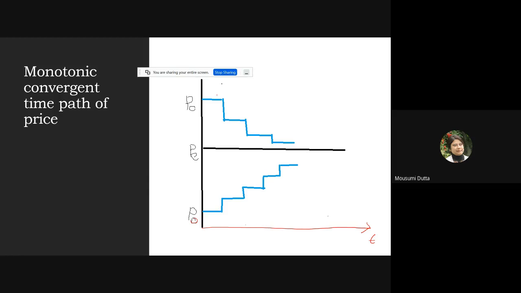And this can also be your starting point, so it will be like this. Along the vertical axis, we are measuring Pt. Along this direction, we are measuring time. And this is particularly PE. So these are the time paths: monotonic, convergent time paths of price. For this typical case, we are getting a monotonic, convergent time path of price.